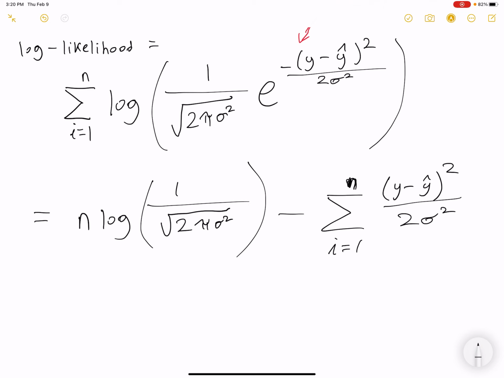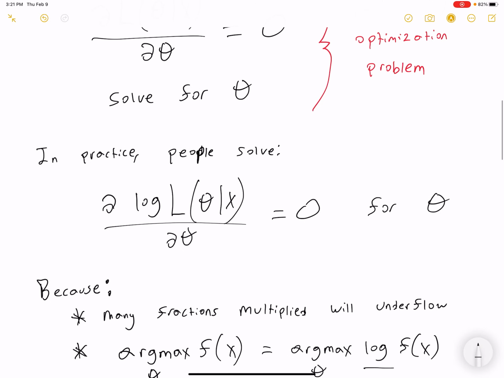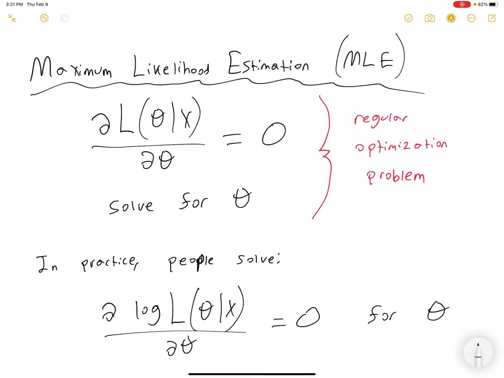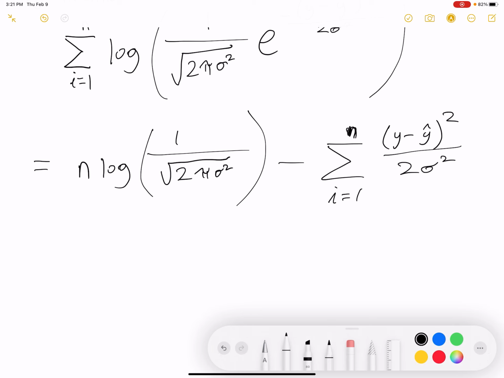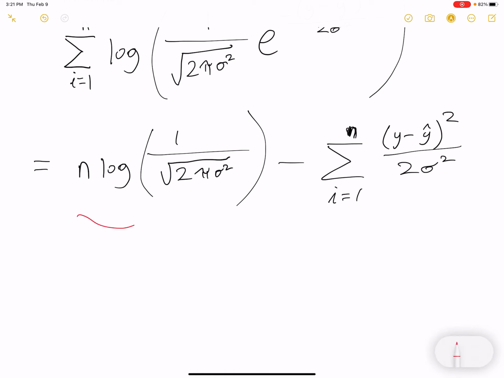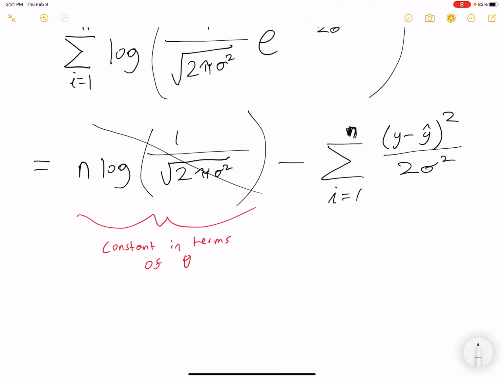So we're taking the partial derivative of this equation with respect to theta, using our maximum likelihood procedure. Take the derivative of the likelihood, set it to 0, solve for theta. Because we're taking the partial derivative with respect to theta, this whole term is a constant in terms of theta. We can ignore it because the derivative of a constant is 0.